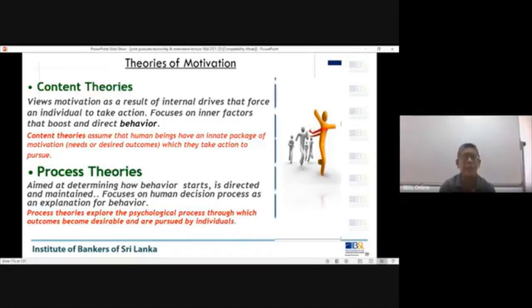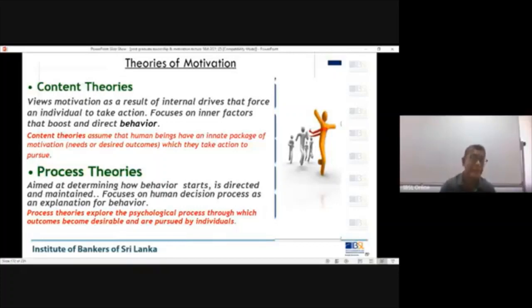So what is the difference between these two theories? If you look at it in very simple terms, what do you mean by a content theory? Those who developed these theories try to answer the question of what you need to provide employees or people to motivate them.